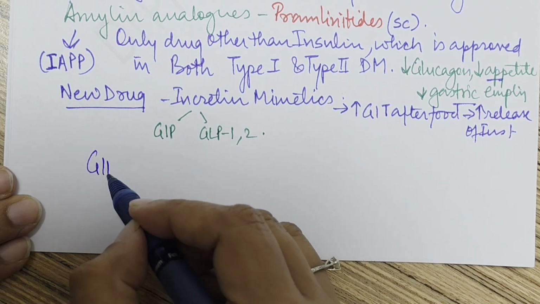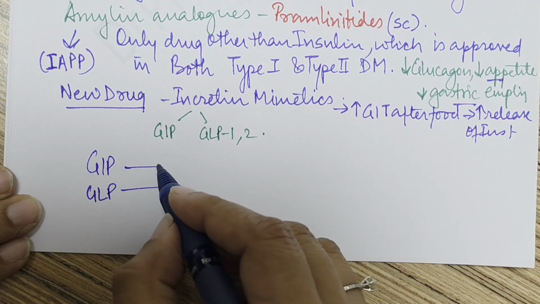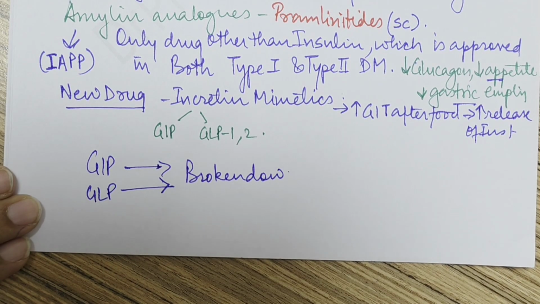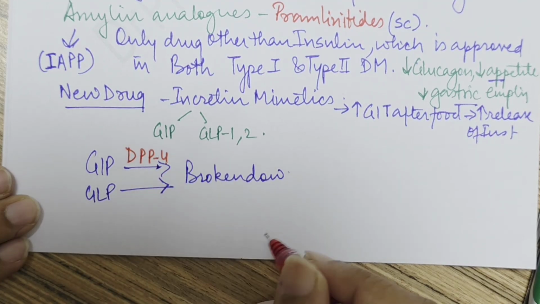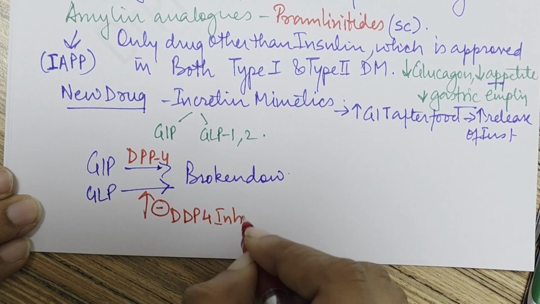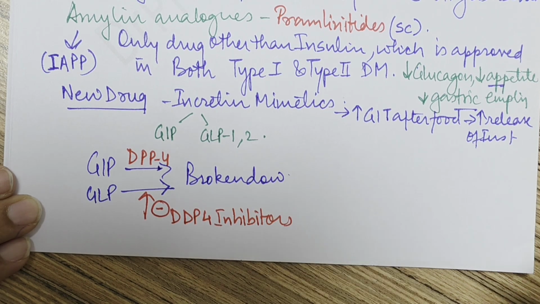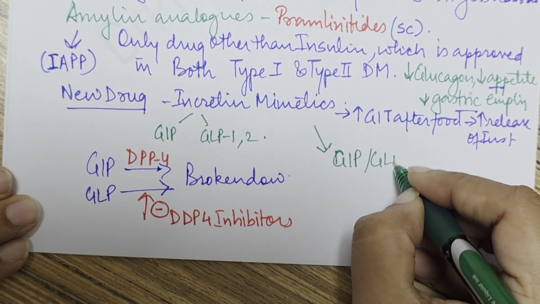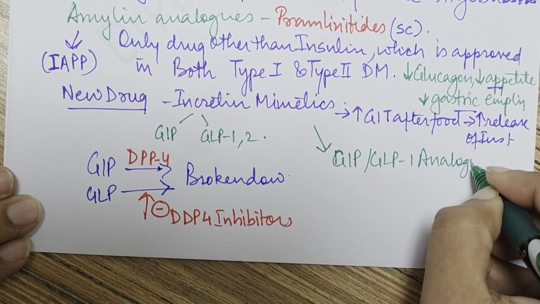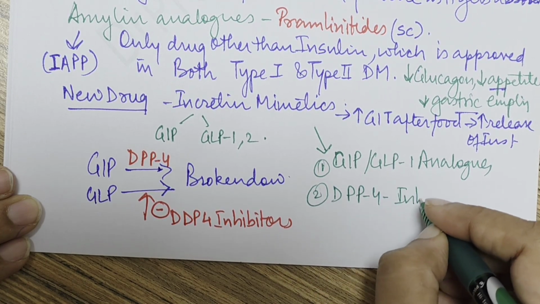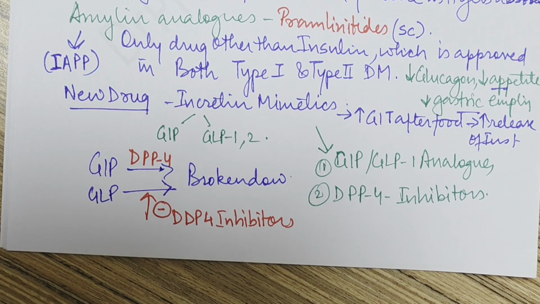Now GIP or GLP, they are metabolized and broken down by an enzyme which is called as DPP4, and this DPP4 is inhibited by DPP4 inhibitors. So there are two types of drugs which we mainly study here. First is GIP or GLP-1 analogs, and the second category that we study is DPP4 inhibitors, because these are the drugs that will reduce the breakdown of GLP and GIP and will continue their actions.